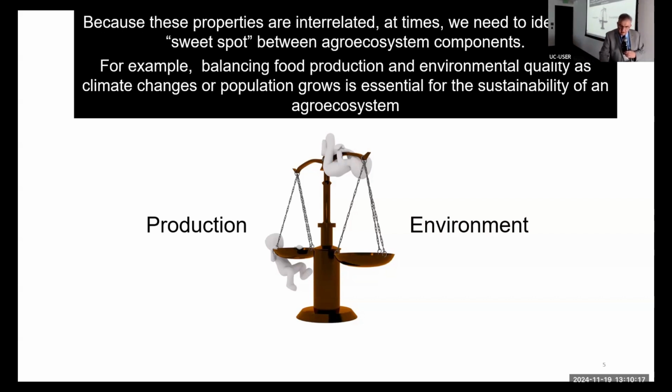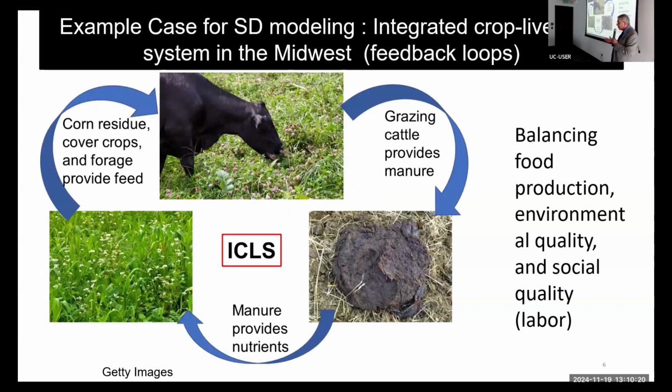Let's see here. An example that we have looked at using a system dynamics model and organization of data is exploring the management choice of integrated crop livestock systems in the monoculture system of the US Midwest. Most people are familiar with the concept of circularity that integrated crop livestock systems can offer.